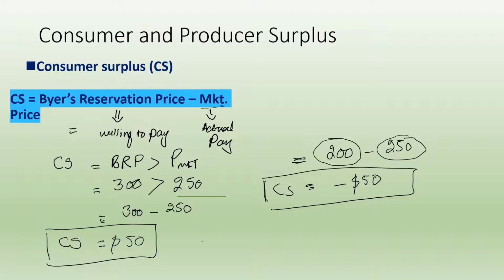So there will be no trading of the good with a consumer whose reservation price is less than the market price. Okay, so this is the main concept, right? All those consumers who have a reservation price higher than the market price are always going to have a positive consumer surplus. They always enjoy a certain amount of benefit by purchasing that good.